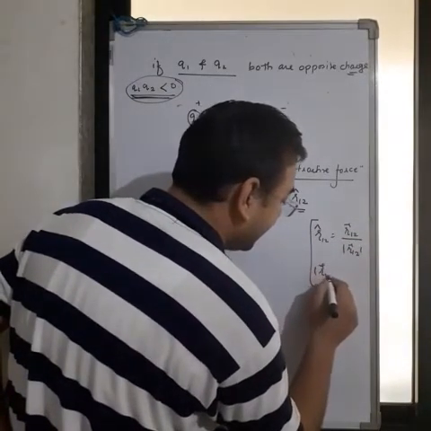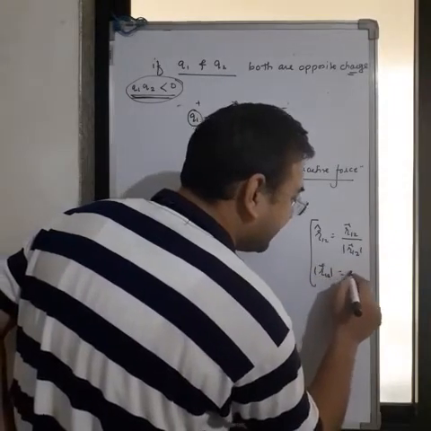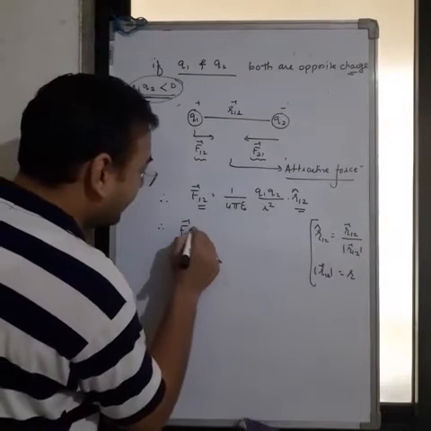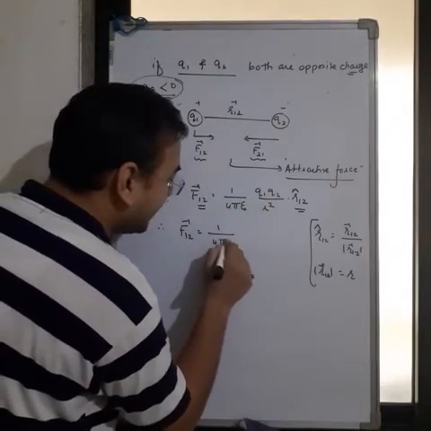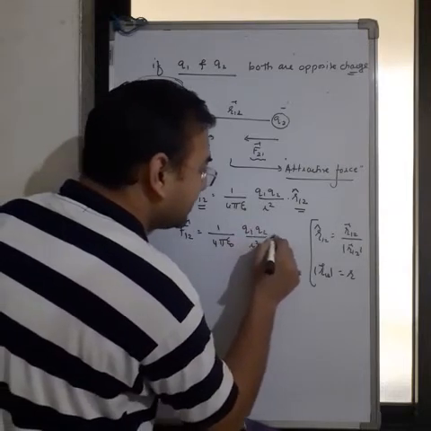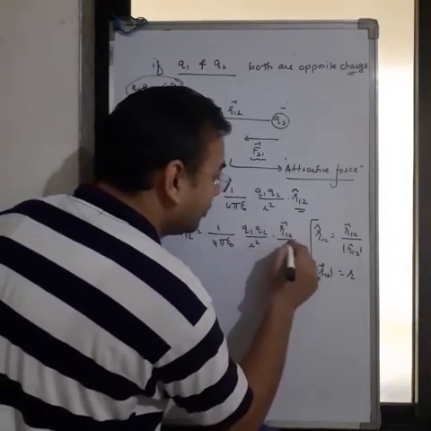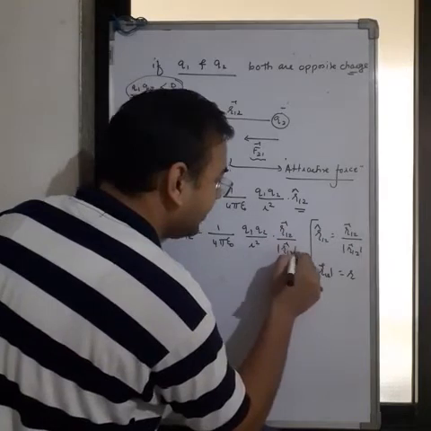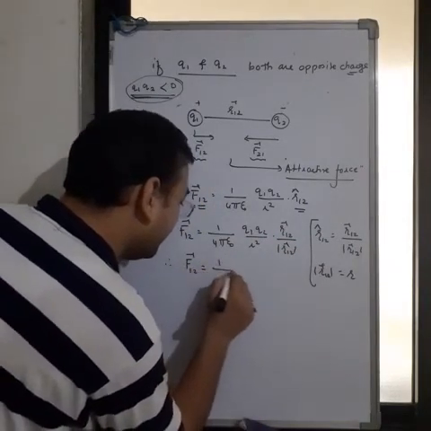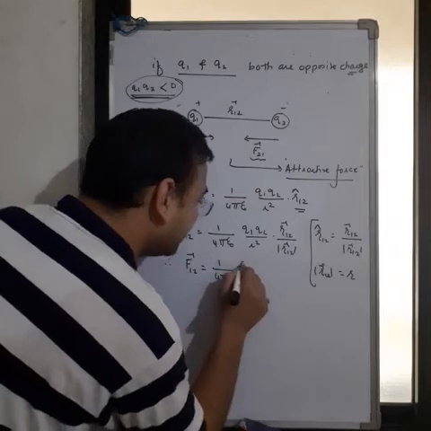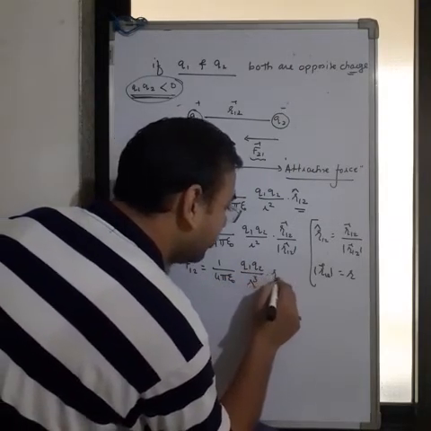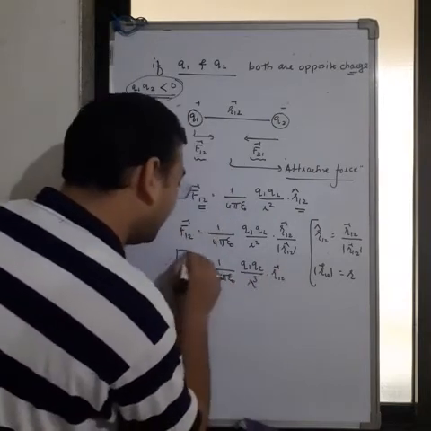Here the magnitude is simplified in the form of r. Then F12 is equal to 1 upon 4 pi epsilon naught, Q1 Q2 upon r square, R12 upon the magnitude of R12. So it's going to be written like that: F12 is equal to 1 upon 4 pi epsilon naught, Q1 Q2 upon R cube, into R12.